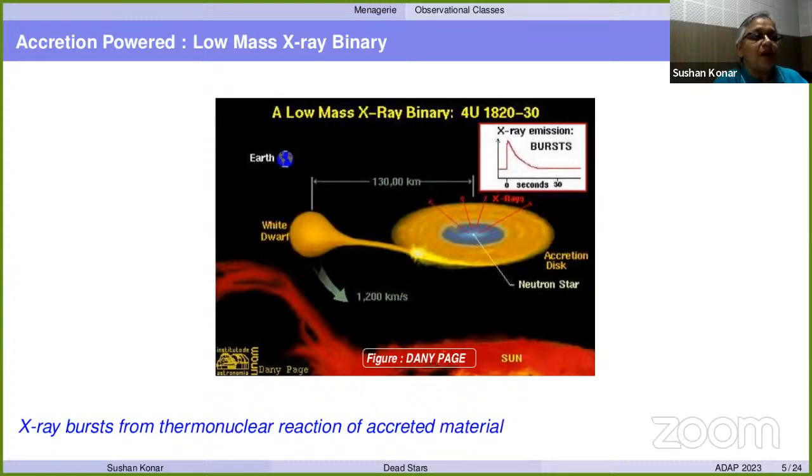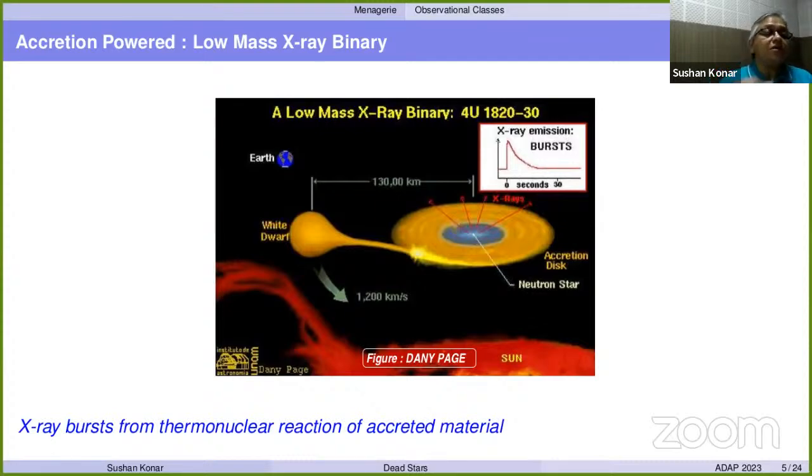What you see are continuum X-ray emission, and sometimes what you see are X-ray bursts. So material falls onto the neutron star, it sort of collects there. And after a while, if enough material has been collected, it can undergo a nuclear flash. So suddenly that material, which is basically hydrogen plasma, can undergo nuclear fusion and can give you X-ray flashes.